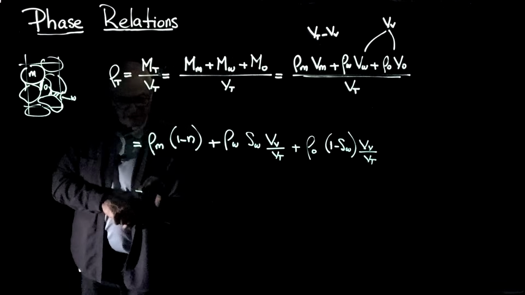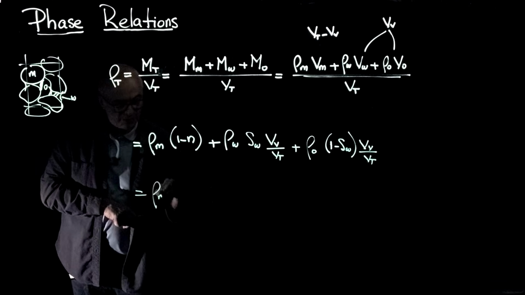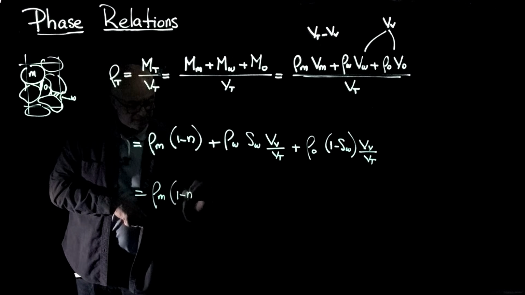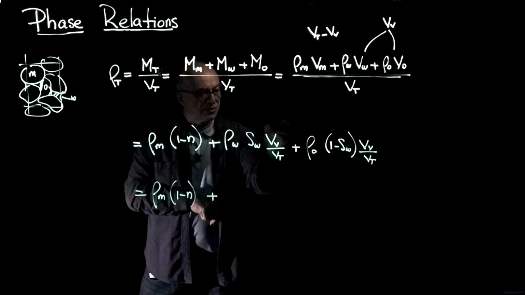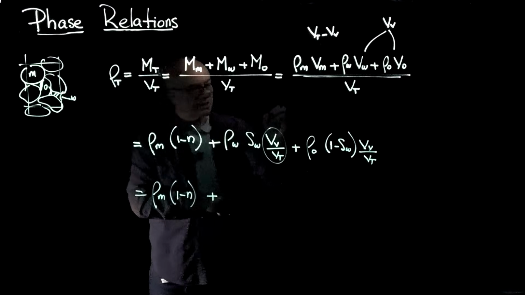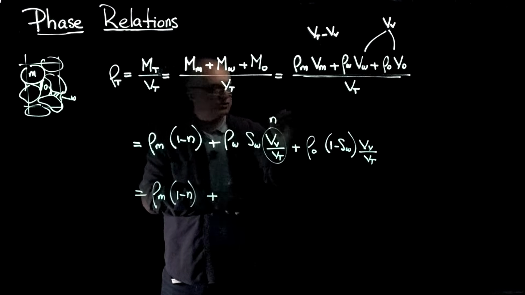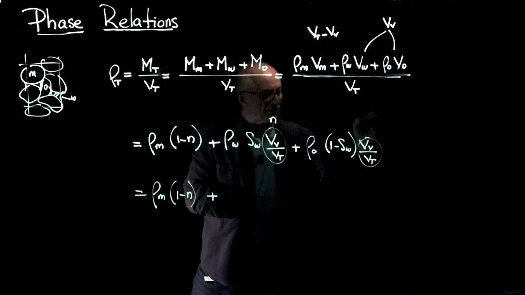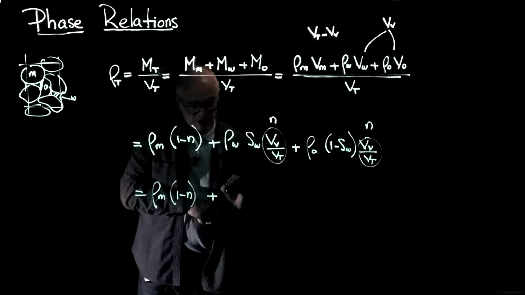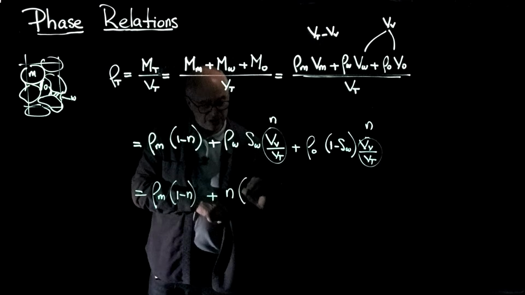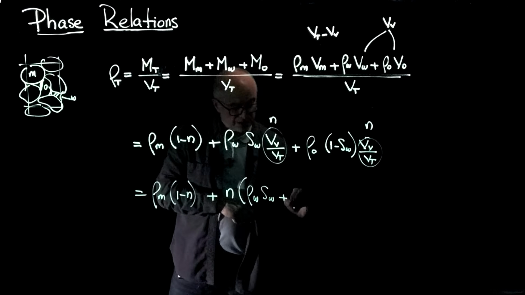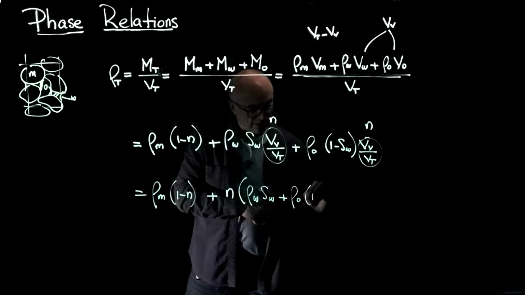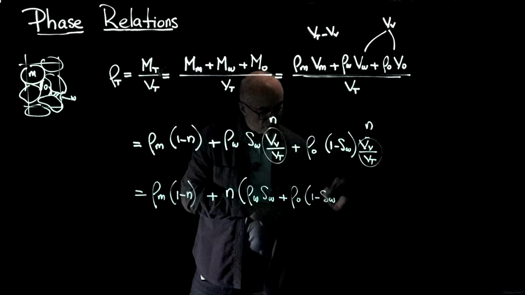Therefore, my final equation is rho mineral times 1 minus the porosity, plus, I can factor out this quantity, which becomes the porosity, and this quantity is the porosity as well. I can factor it out: porosity times rho water times saturation of water, plus rho organic matter times 1 minus the saturation of water.